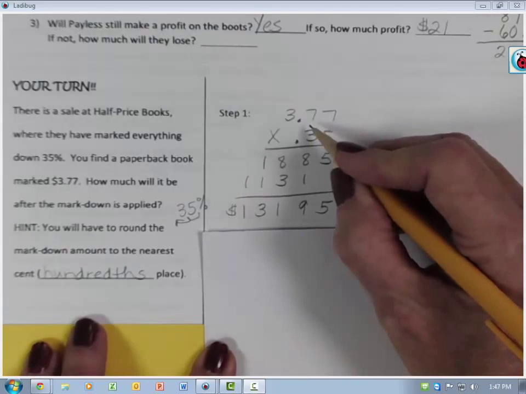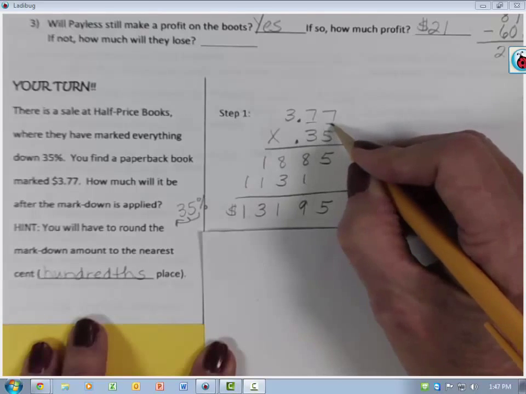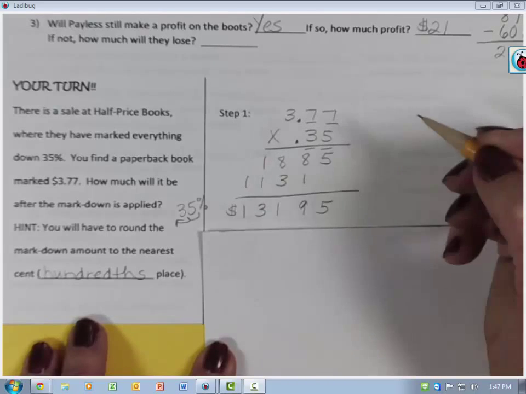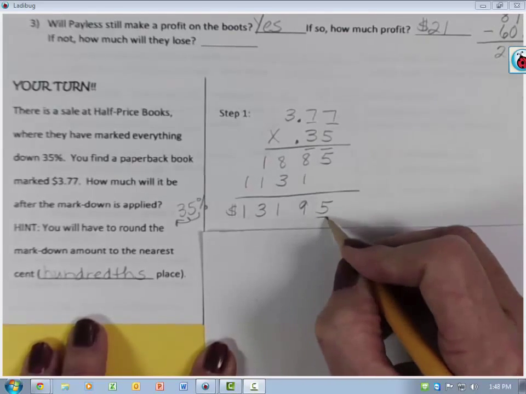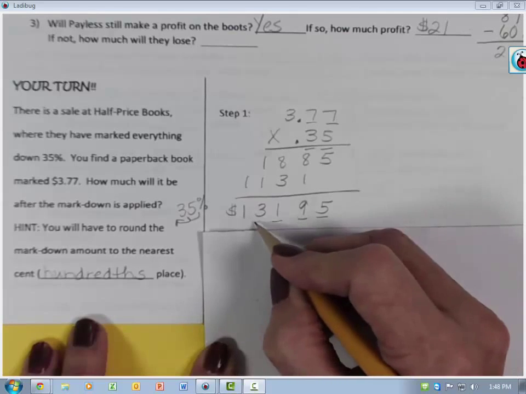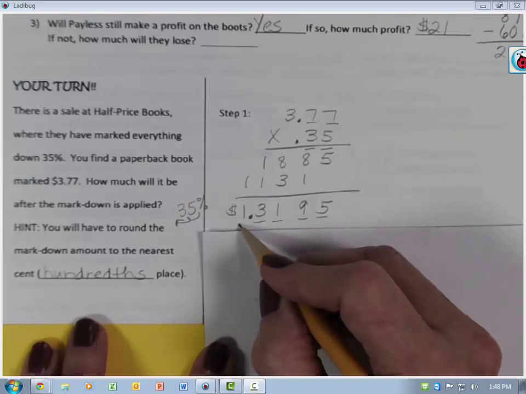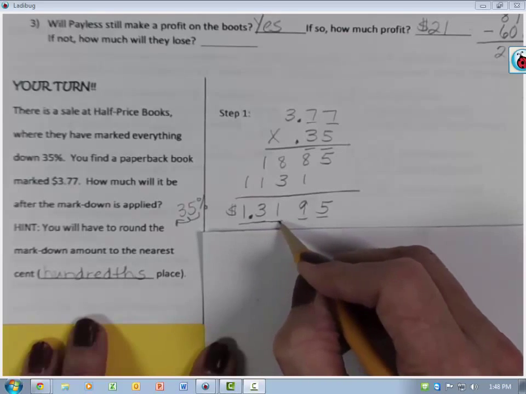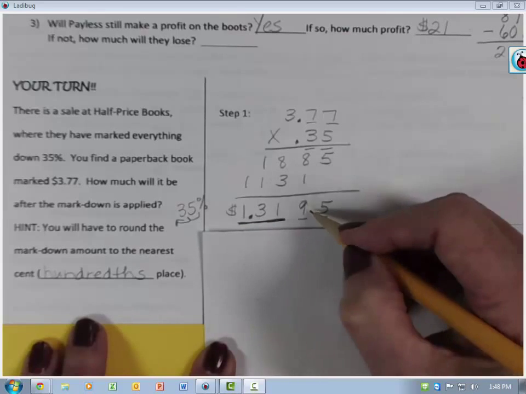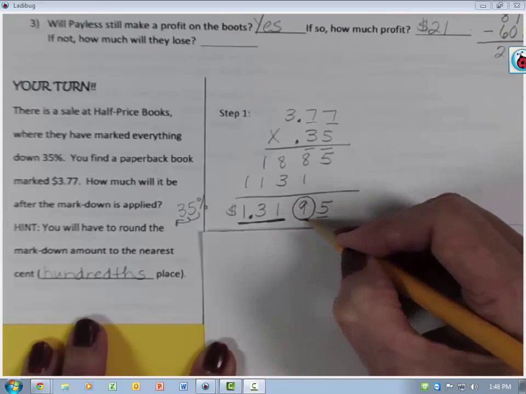Look up here. There are 4 decimal places in this problem. So we have to put 4 decimal places in the answer, which makes it $1.31 is the money part. And then in order to round it to the nearest cent, we have to look at that next place.